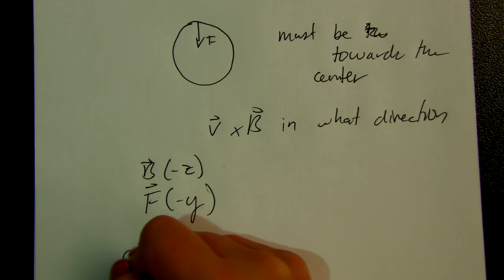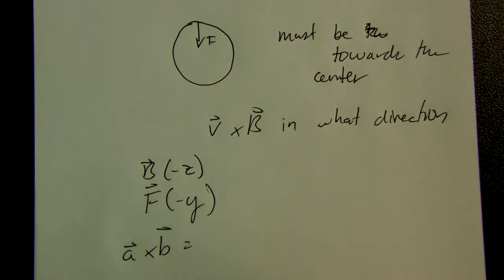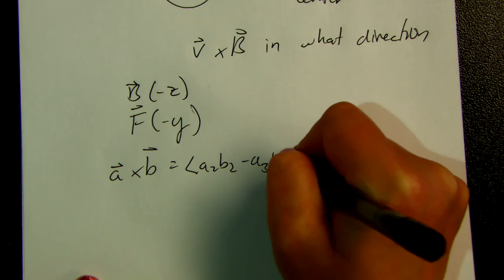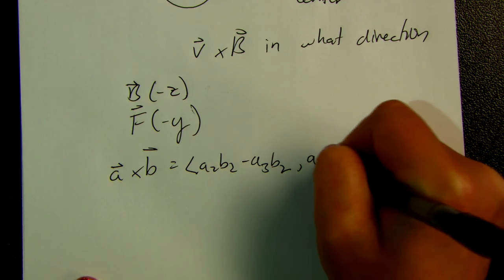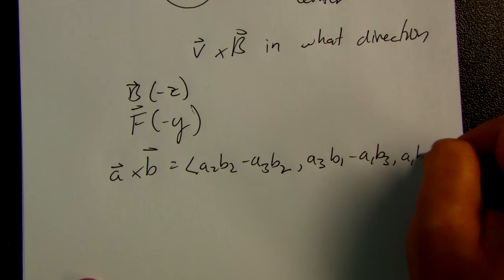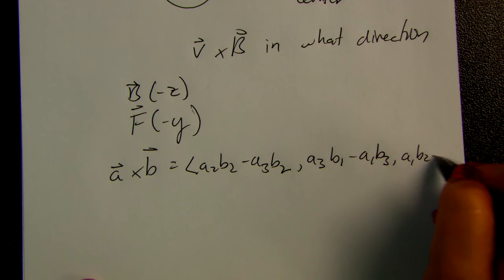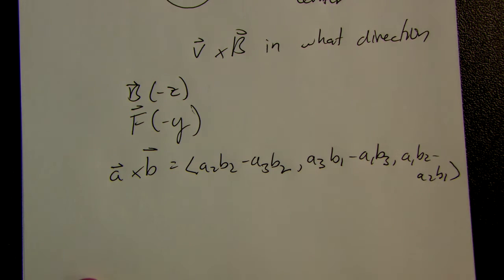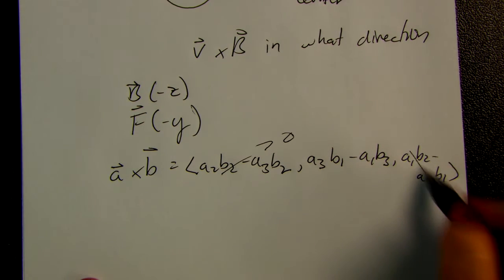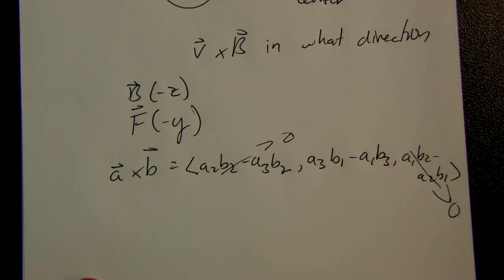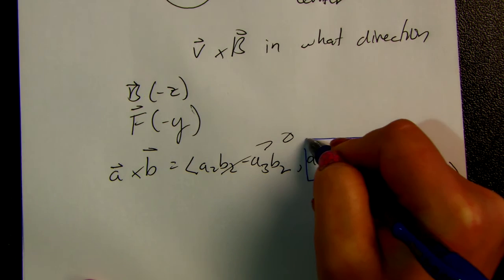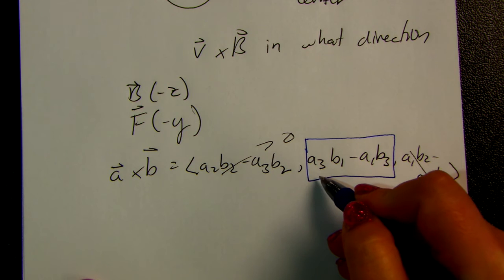We know that A cross B is equal to (A2B3 minus A3B2, A3B1 minus A1B3, A1B2 minus A2B1). What we're interested in is the Y component, and we know it needs to be negative. A3 is 0.